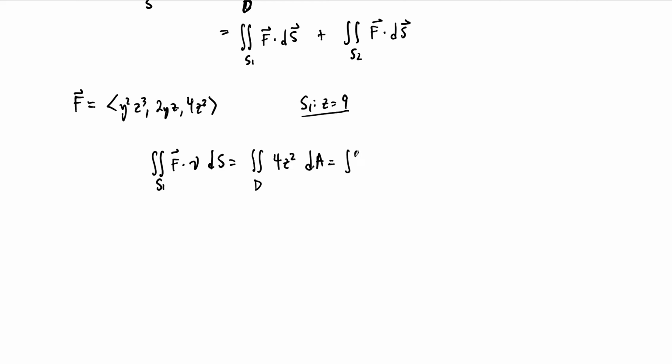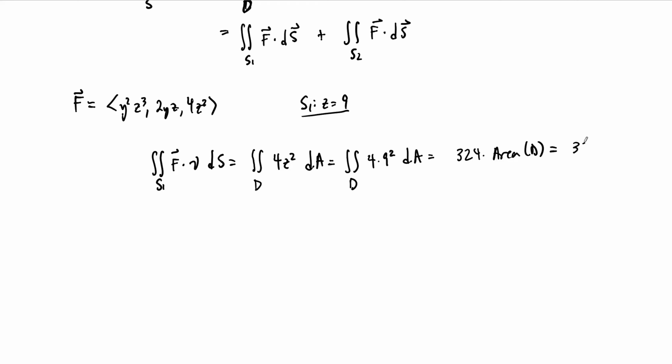So this then is equal to the double integral over D of 4 times 9 squared dA. And so this is then just going to be 81 times 4, which is, I believe, 324, times the area of D. And the area of D is just a disk of radius 3, so this is pi r squared, so 9 pi.